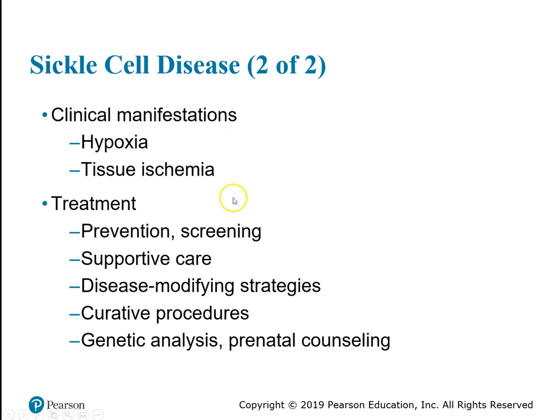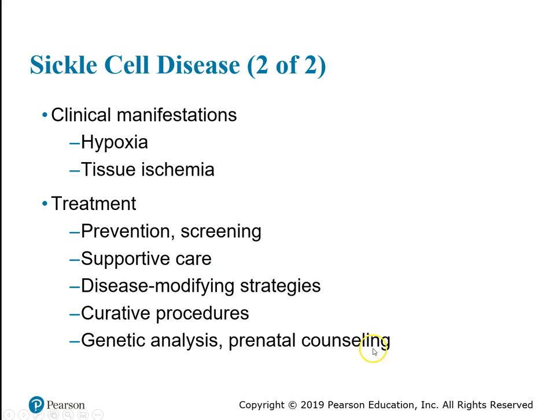Some clinical manifestations: hypoxia, tissue ischemia. In terms of treatment, if it's nutritional, obviously you can treat that, but we're not talking about that anymore. We're talking about sickle cell disease. Prevention, screening, supportive care, disease-modifying strategies, curative procedures, genetic analysis, prenatal counseling. Bottom line is you have to find ways to cope with and treat the disease.